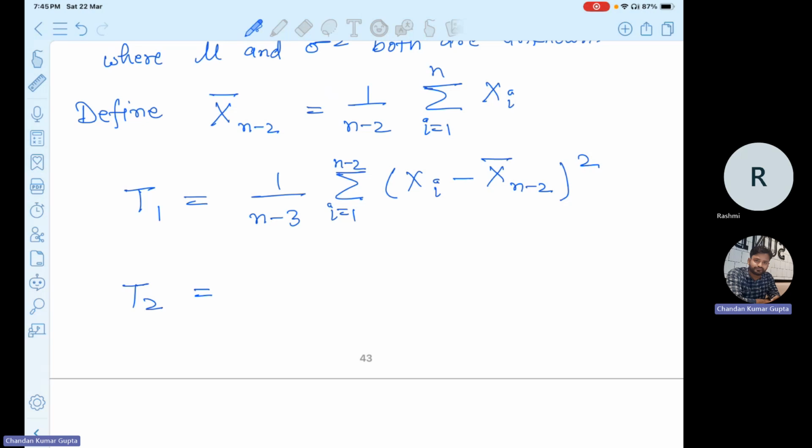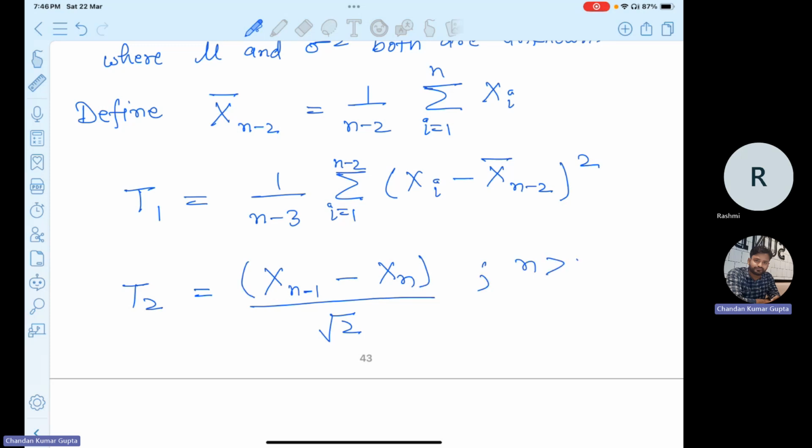In general, I am using capital Xi, but actually it is a sample value, so please keep it in mind. Now T2 is (x n minus 1 minus xn) divided by root 2, defined for n greater than 3. So we have defined these three.